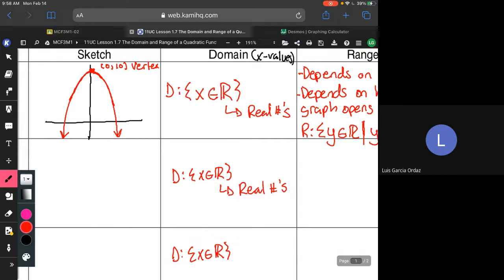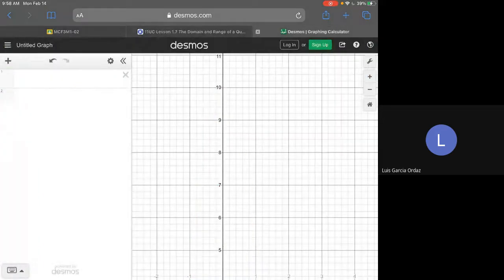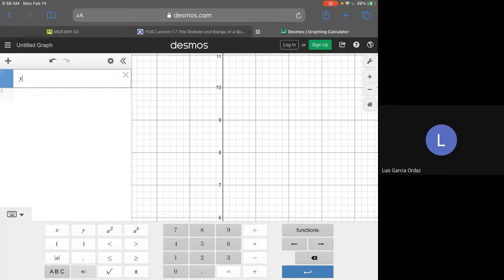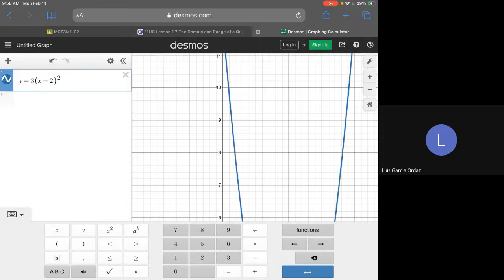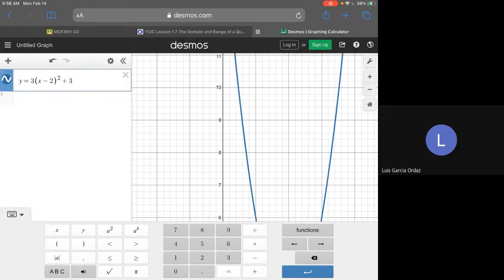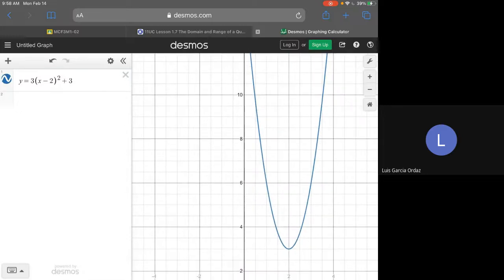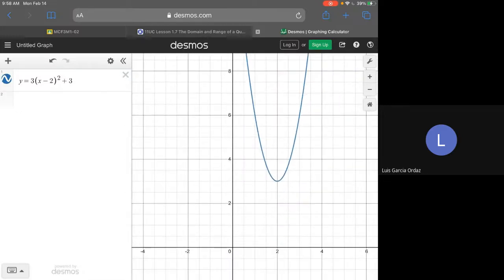So if I go back to Desmos, I can get rid of this. So y is equal to 3 bracket x minus 2 squared plus 3. If you notice here, where is my vertex?